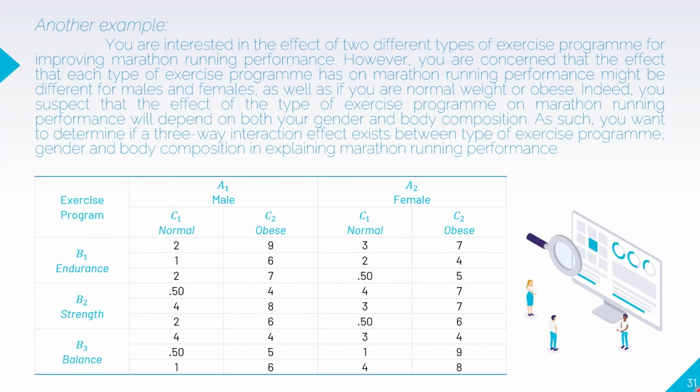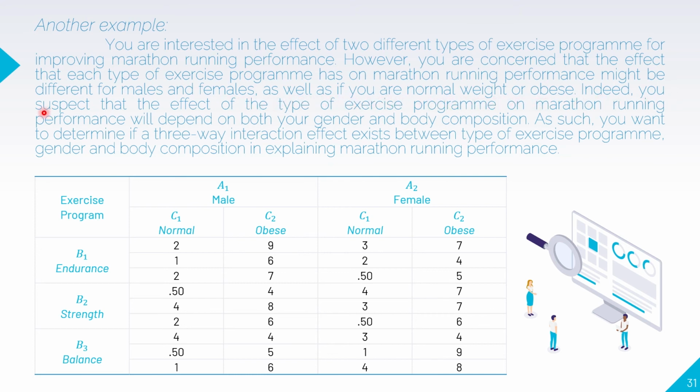Another example. You are interested in the effect of two different types of exercise program for improving marathon running performance. However, you are concerned that the effect that each type of exercise program has on marathon running performance might be different for males and females, as well as if you are normal weight or obese.